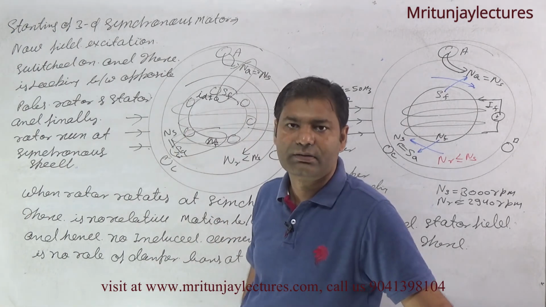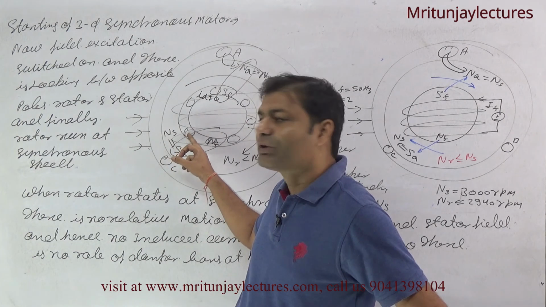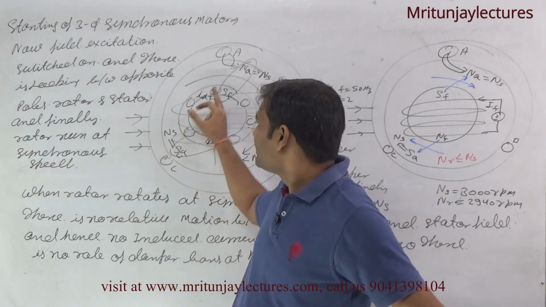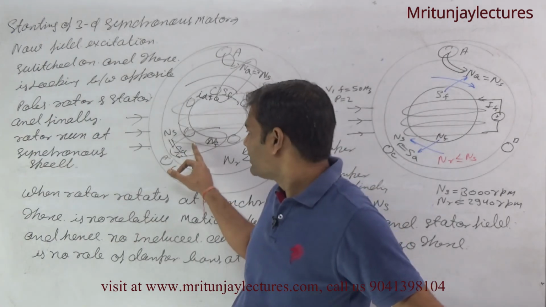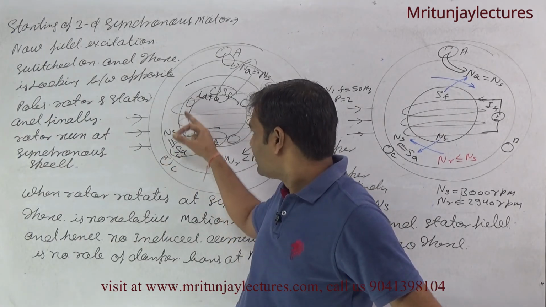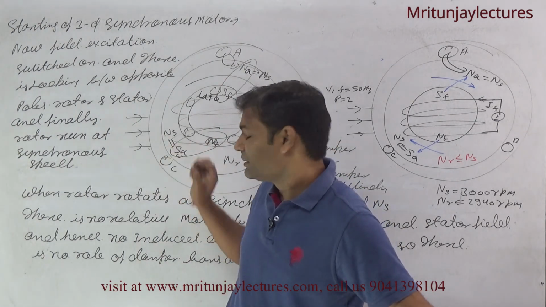This current never opposes the speed. Why? Because no current is generated here. Why? Because the relative speed between both is 0. The damper bar also rotates after locking at speed NS.